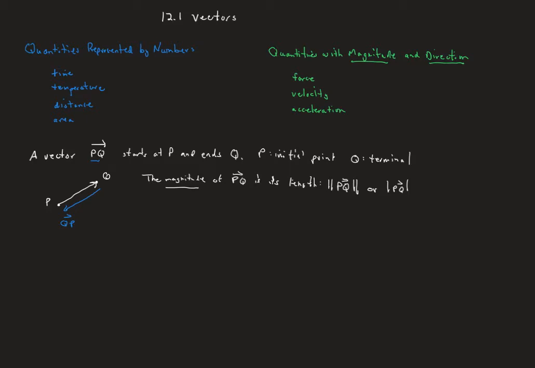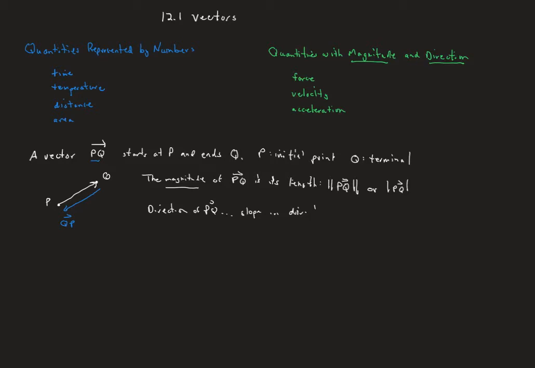They're referencing the length of that vector. Now, we will talk about the direction of the vector. Initially here, we will start out by talking about the direction of vector PQ as its slope, as if that's a rise over run, but very soon, not today, but eventually we will get to a direction angle.